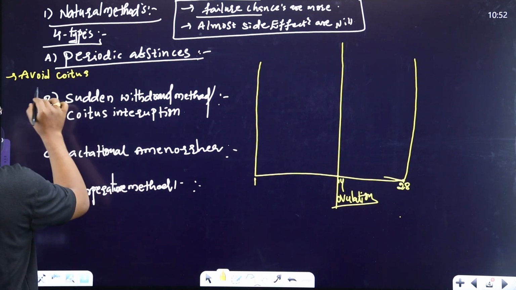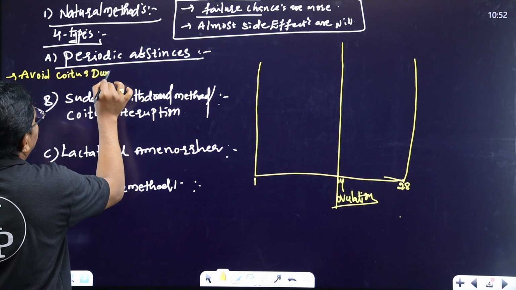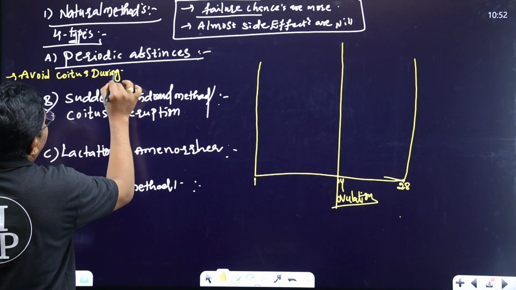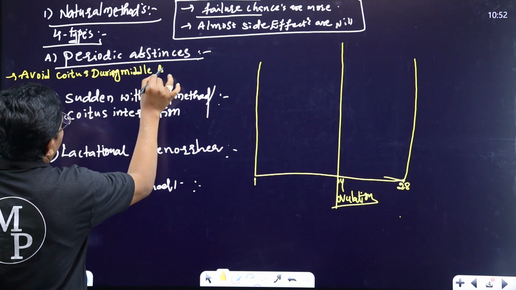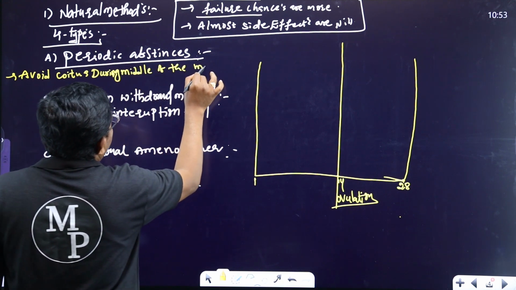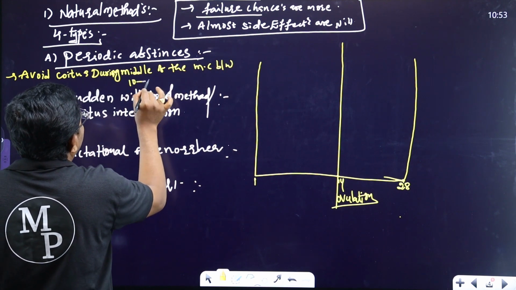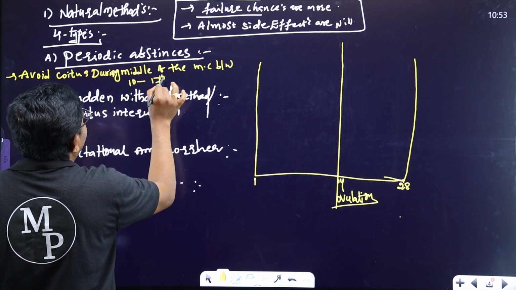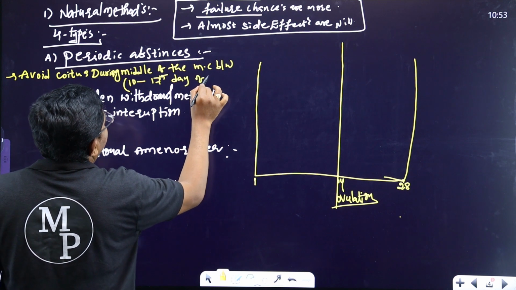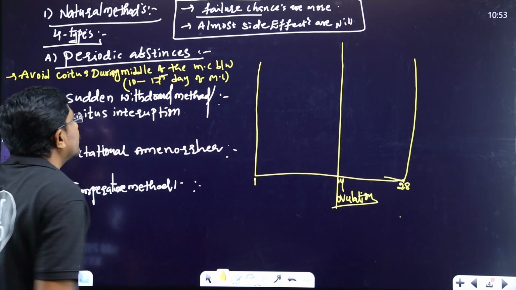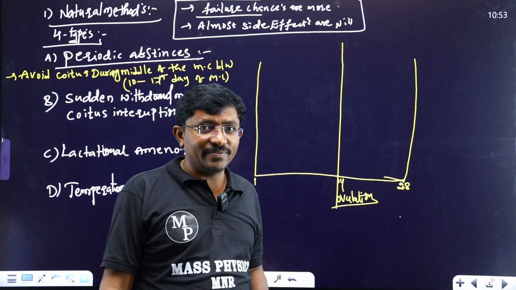Avoid the coitus during the middle of the menstrual cycle, between the 10th to 17th day of the menstrual cycle. Avoid the coitus between the 10th to 17th day.